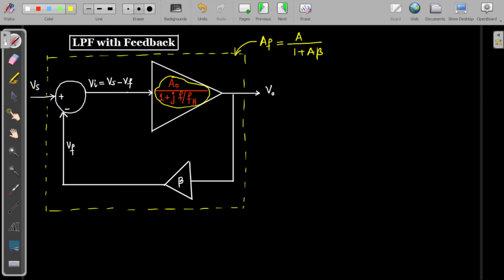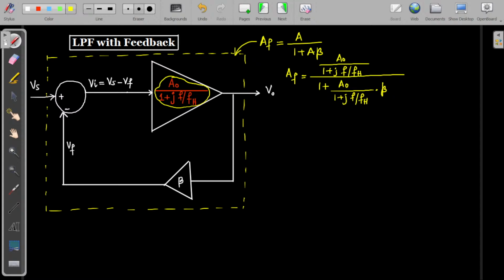So AF will be equal to A0 divided by 1 plus jf divided by FH, and in the denominator it will be 1 plus A0 divided by 1 plus jf by FH, into beta.